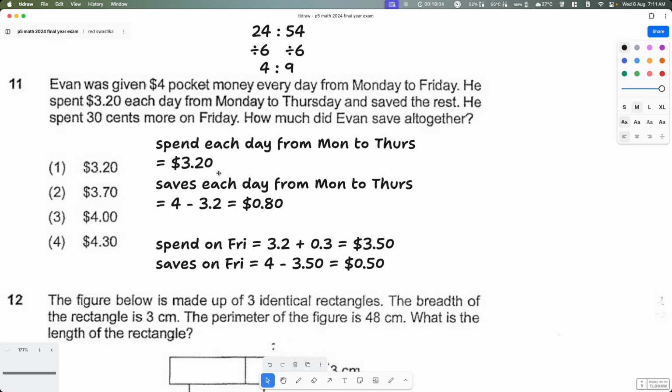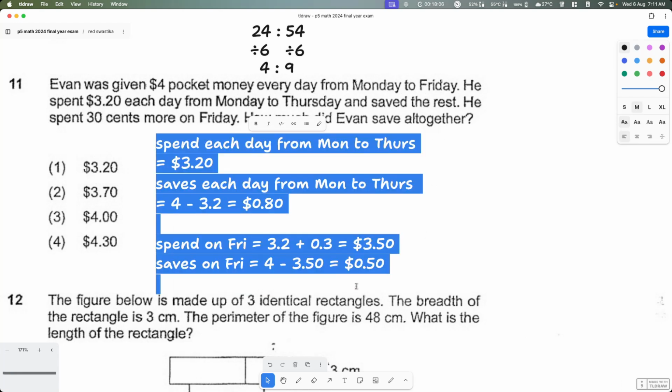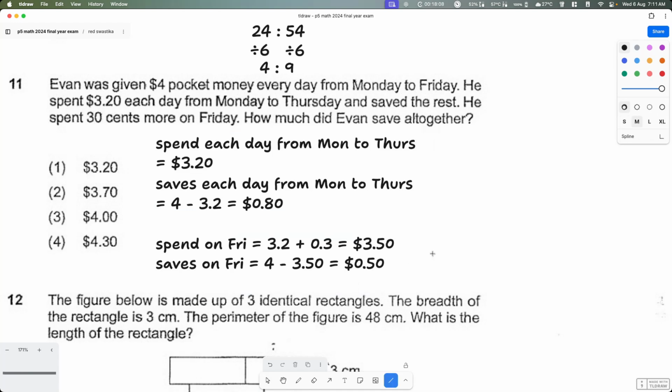Okay, so from here we can say saves total is equal to 4 times 0.8 plus 0.5.